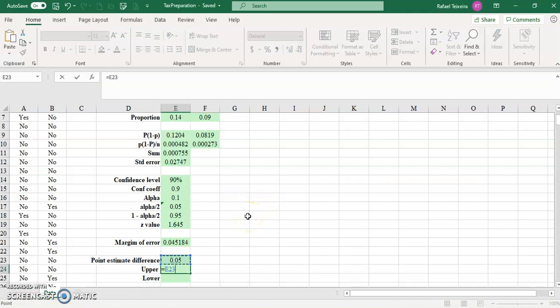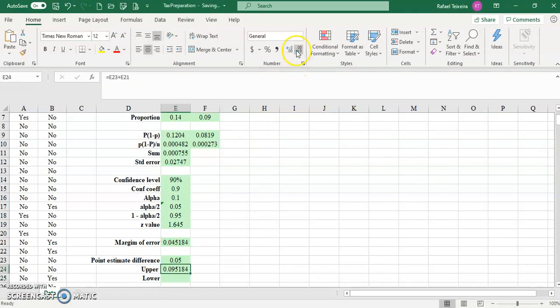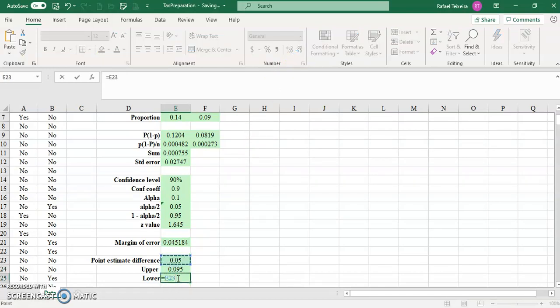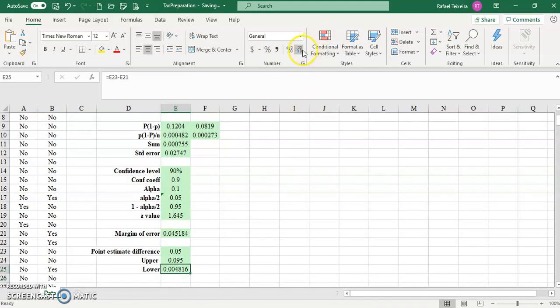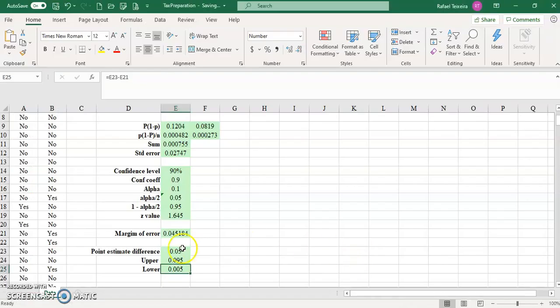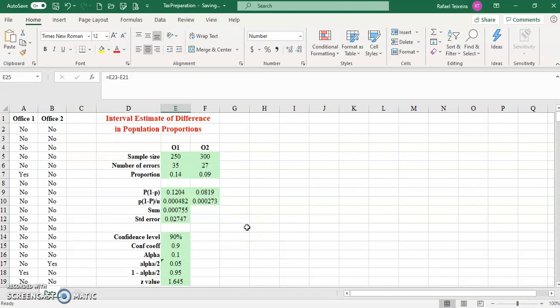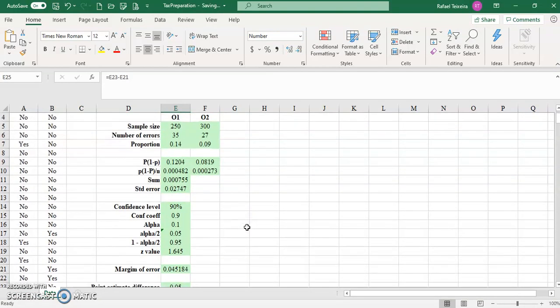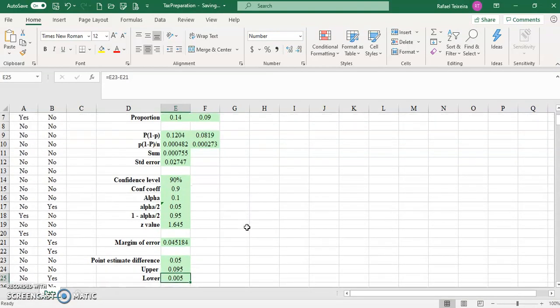If I take this difference and add the margin of error, I have 0.095. If I take this estimate and subtract the margin of error, I have 0.005. So those are the numbers for the lower and upper limits. This is how you use Excel to get the interval estimate for the difference in two population proportions.